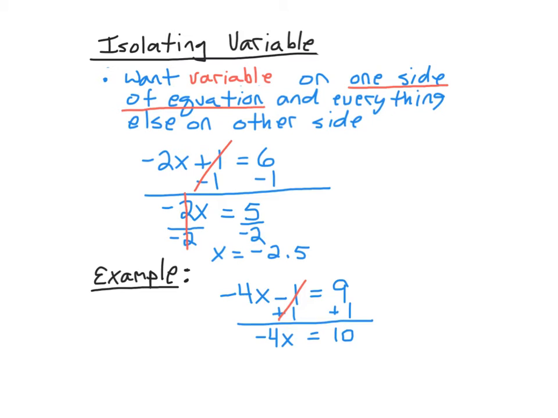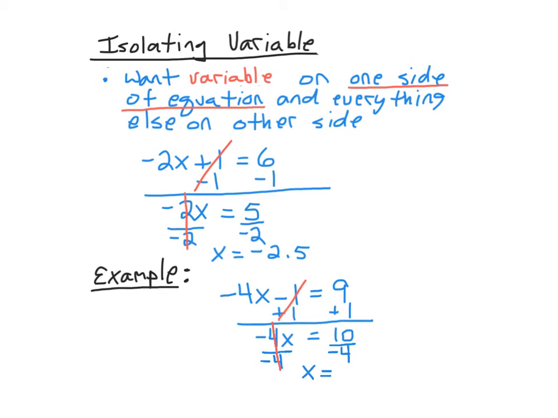And then finally, I want to get rid of this negative 4. It's multiplying to my x. So the opposite to move it would be divide. So I'm going to divide by negative 4 on this side. And as long as I do it on that side, I'm still good to go. Over here, negative 4 divided by itself is 1, and I'm left with simply x.